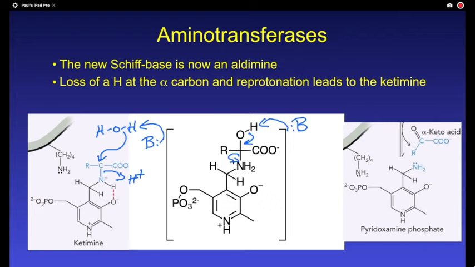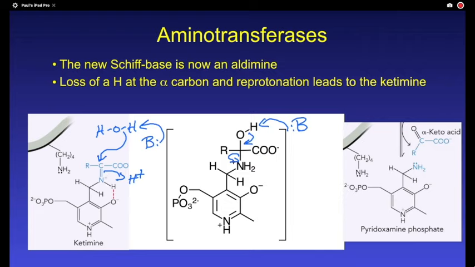Effectively, all of the carbons of the original amino acid fall off with what once was here a hydrogen now has a double bond oxygen, and what once was there attached was a nitrogen. Here's the nitrogen of the original amino acid sitting on this cofactor. I've taken the nitrogen away from our amino acid.